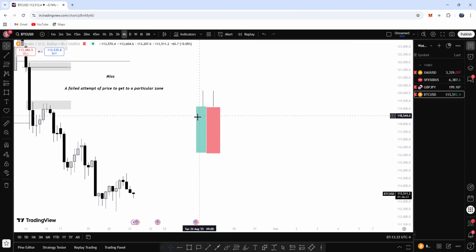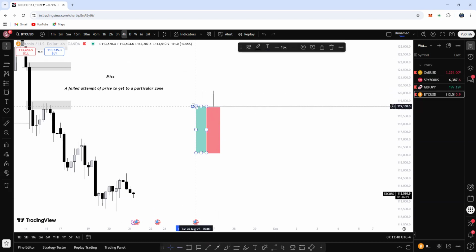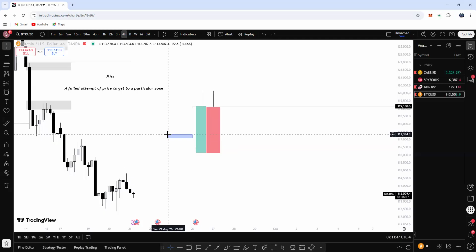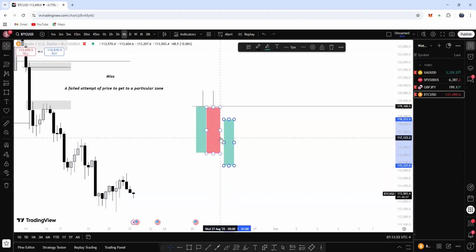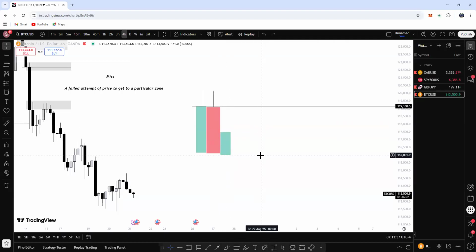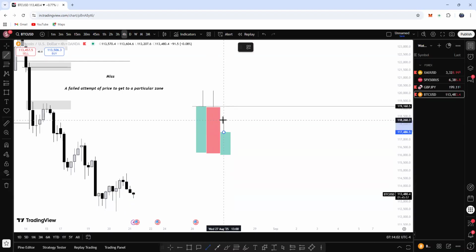So guys, this is our classic SNR level. This level here. Price wanted to get to this level the first time, but failed.